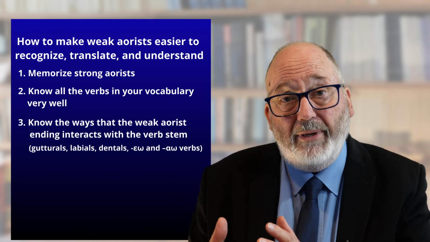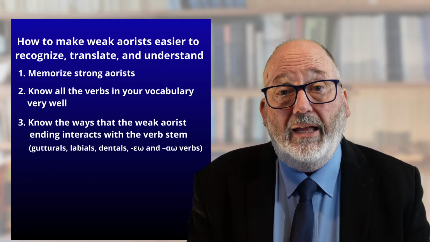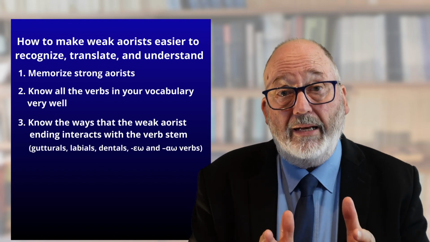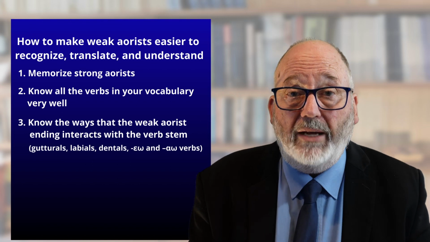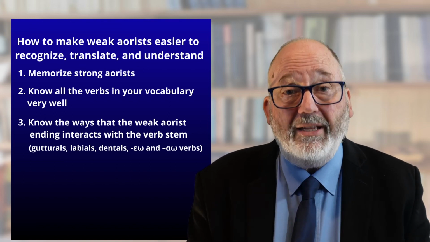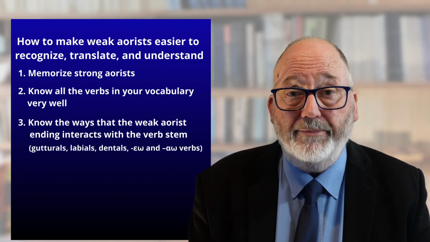We have the sigma on AO and EO verbs doing predictable things. And we have an E added to the beginning unless the verb stem begins with a vowel, in which case the vowel will lengthen. Knowing the vocabulary well will help you recognize these.